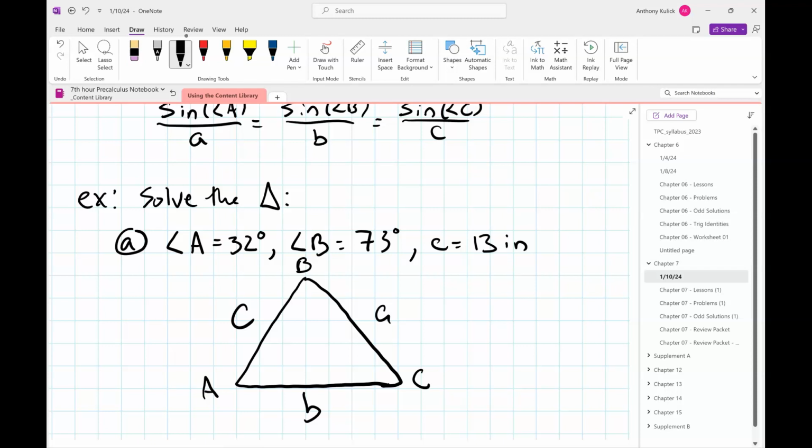Okay. All right. So now I'm going to add in the values that are given to me. Angle A is 32 degrees. Angle B is 37 degrees. And side C is 13 inches. What situation am I in?